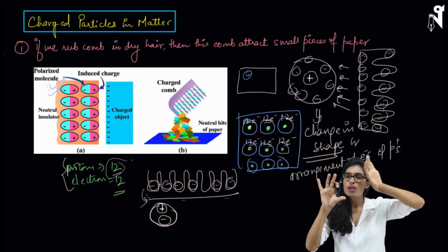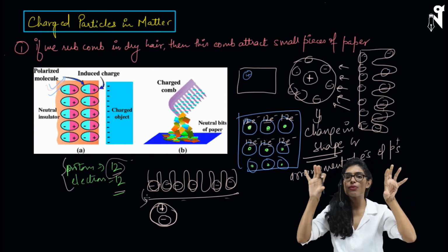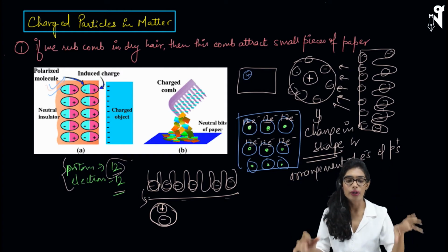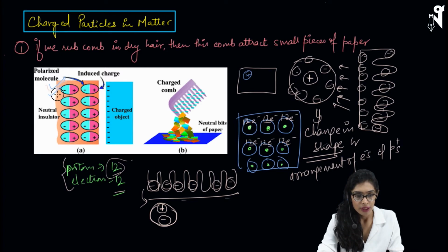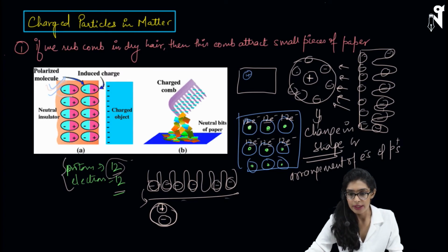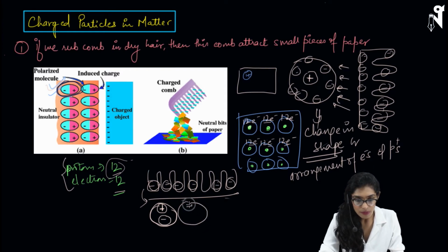Now the positive charge, the nucleus, will come in one corner, and the negative charge will get accumulated in another corner. If you can see over here, it will become like this. Negative charge has gone to one corner and positive charge to the other corner. That's how the arrangement will become.